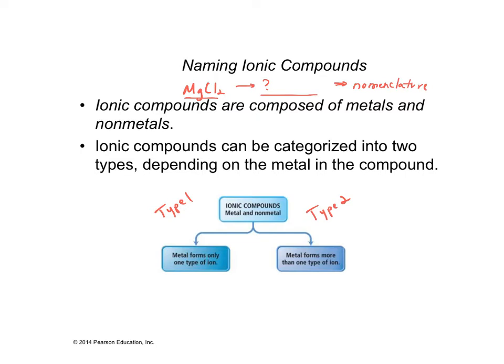Type I are ionic compounds that have a metal that forms only one type of charge, so these are our predictable main group metals. Type II are metals that form more than one type of ion, so they can be like a +1 and a +2 depending. These are less predictable, and tend to be things like transition metals.